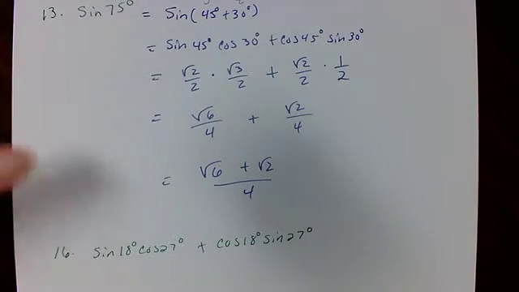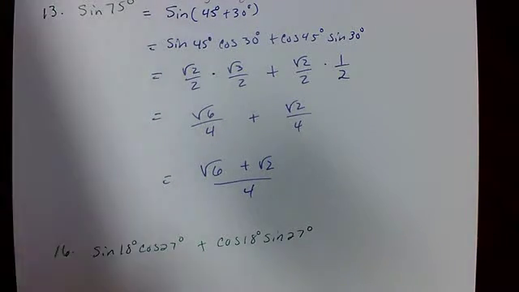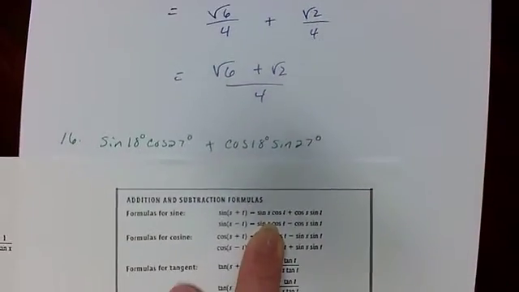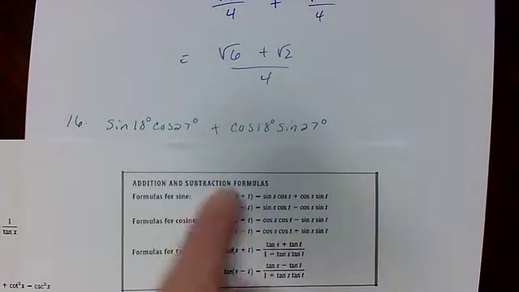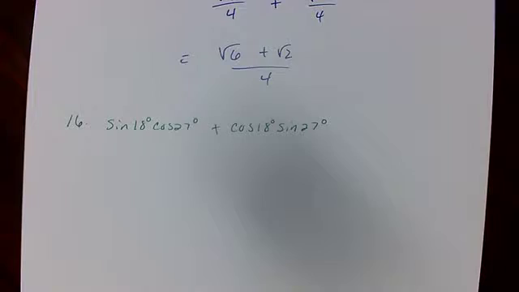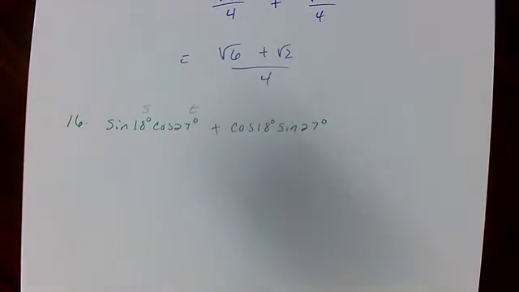If this problem did not follow this pattern exactly, we would go back to our addition and subtraction formulas, and we would match which one of these follows the pattern, and then we would use the one to the left of it to figure out how to add our angles. So again, this is going to be our S and this is going to be our T because S will be listed first.